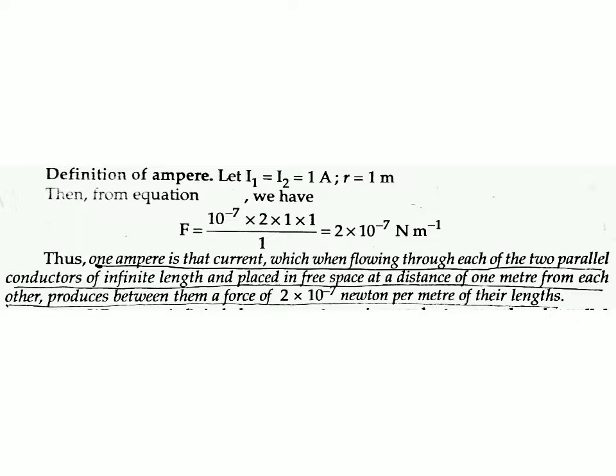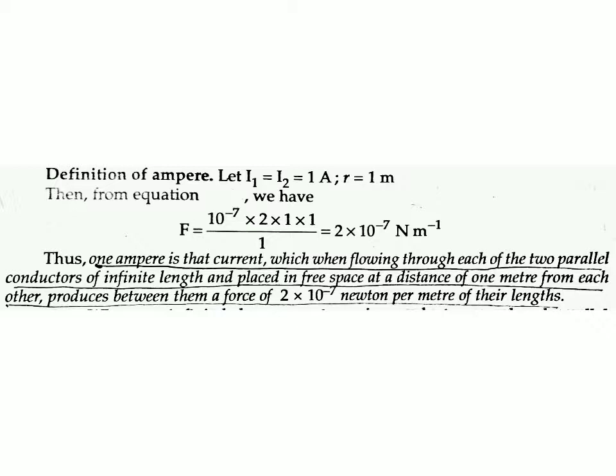And we know that mu naught by 4 pi is equal to 10 to the power minus 7. So mu naught by 2 pi will be equal to 2 times 10 to the power minus 7. Hence the force experienced per unit length is 2 into 10 to the power minus 7 Newton per meter. Remember this is the force per unit length because we have chosen L to be equal to 1.